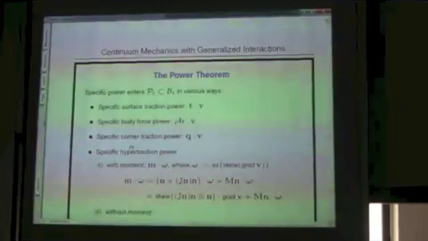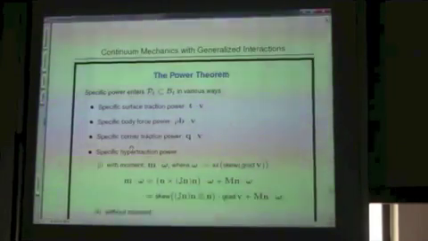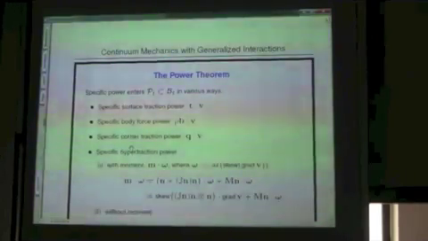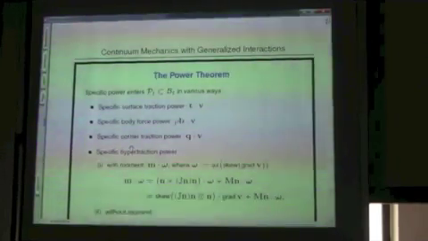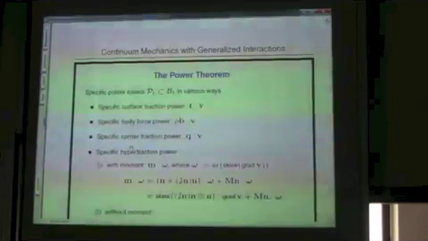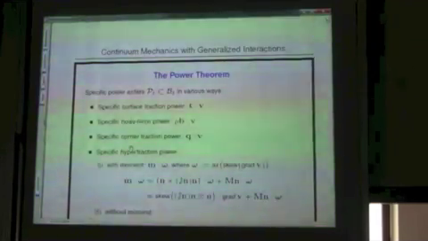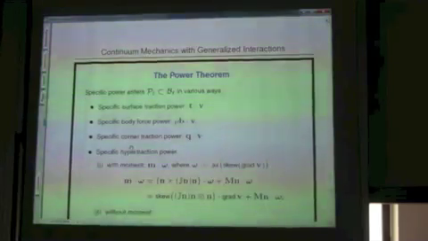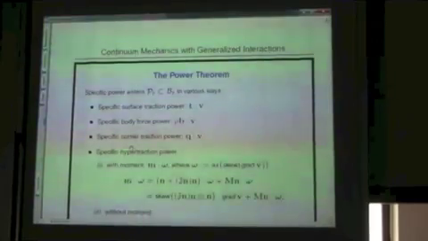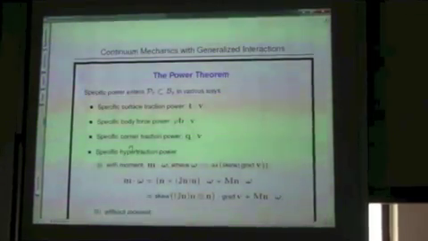Okay, so going to the power theorem, there are many power types that enter into this subject. One is the common T inner product V through the boundary of this arbitrary smooth part of the boundary. There is a rho B inner product V, which is the volumetric power coming from outside of the body. And then there is what I call a specific hypertraction power. There's two types, with moment and without moment.